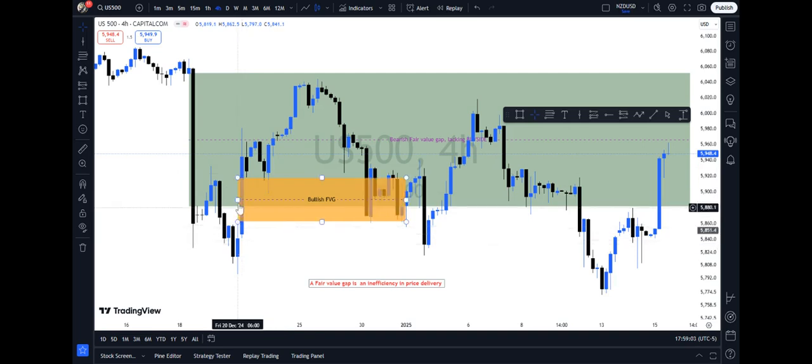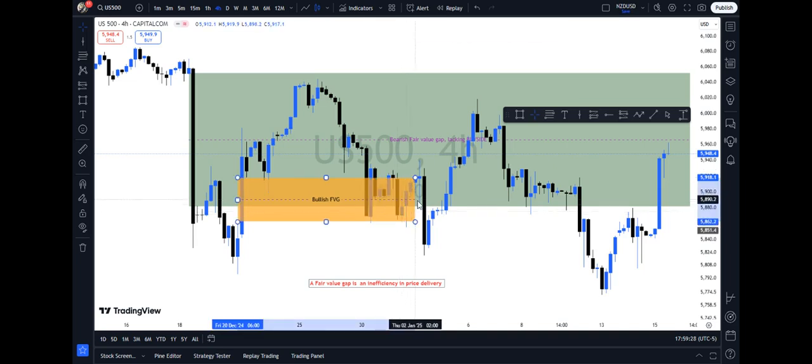Price entered back into the fair value gap, into the open of this previous candle. Price burst into it with this blue candle, balancing this fair value gap, filling this inefficiency, returning upward, then coming downward, still inside the fair value gap.